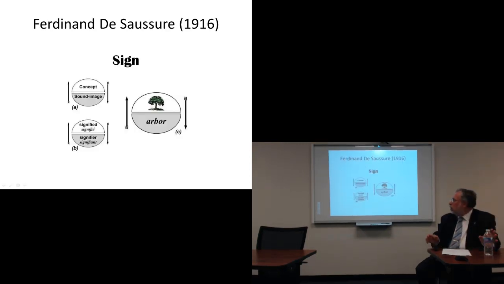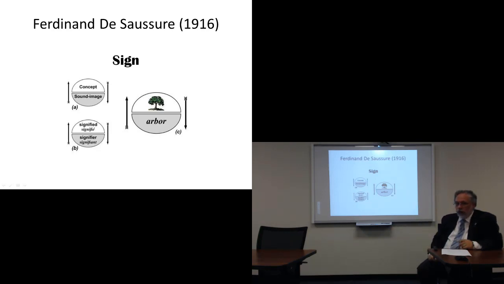So there is a famous picture that was in the book that the students of Ferdinand de Saussure published after his death. This has become extremely famous. It's one of the foundational texts of linguistics.